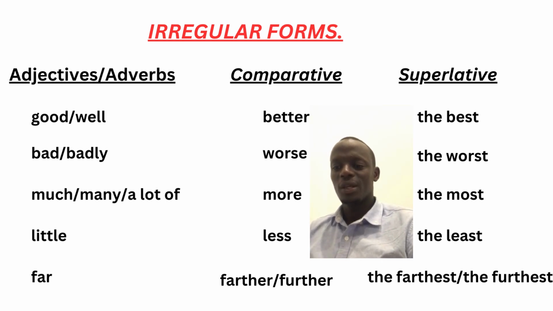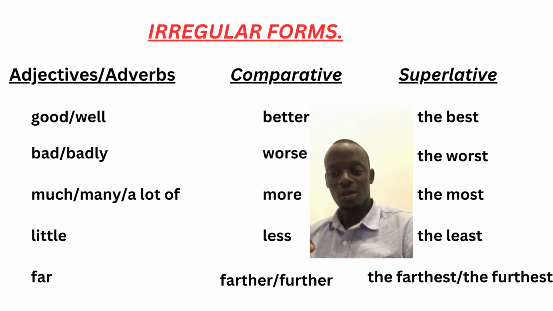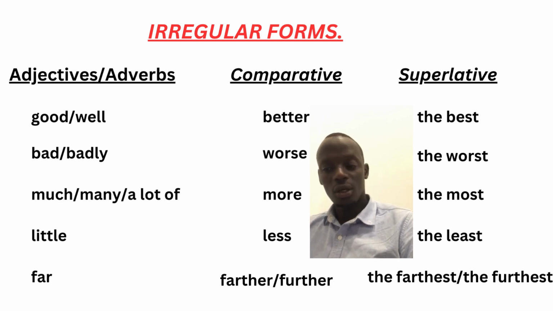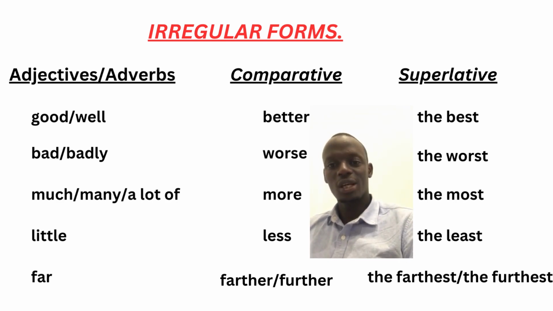These words, when we put them in comparatives, we don't add ER on them. Like we don't say good, gooder, never. Much, mucher, never. How do we do it? The comparative of good becomes better, the same to well. The comparative form of bad becomes worse, the same to badly. Much, many, a lot of: in a comparative we say more, then the most in a superlative.